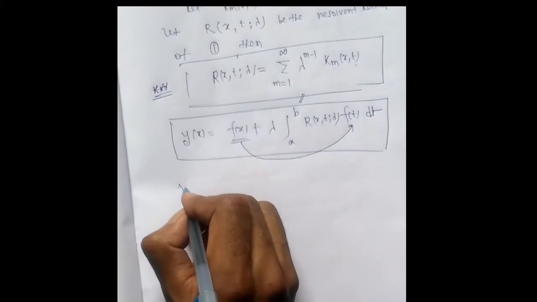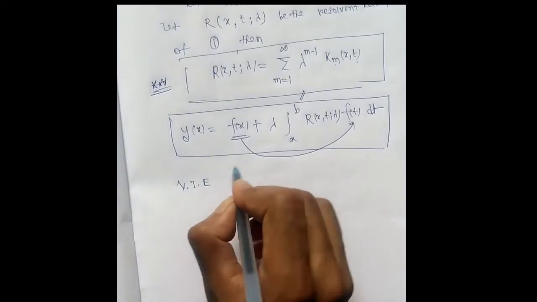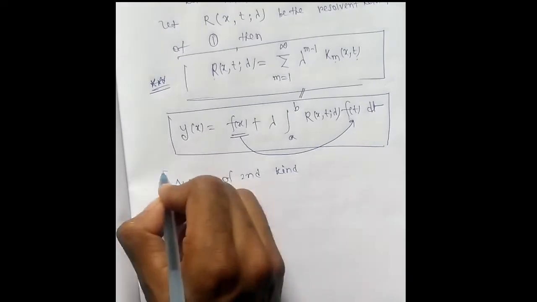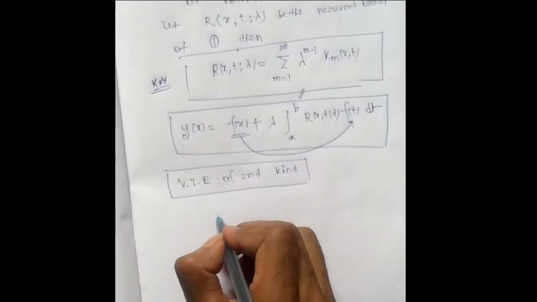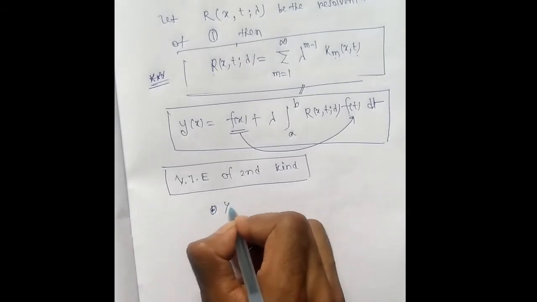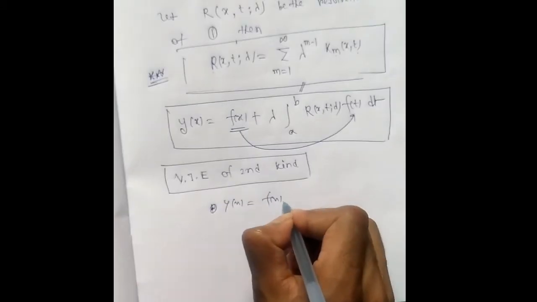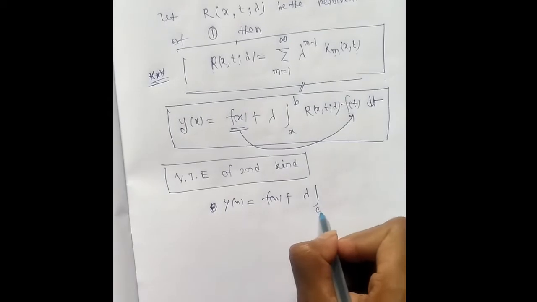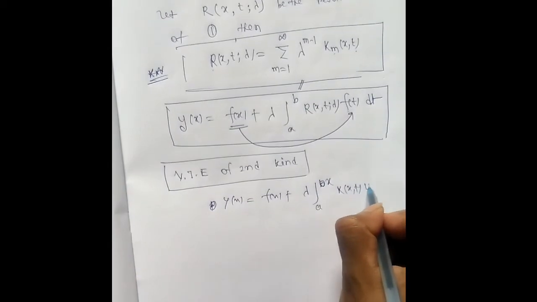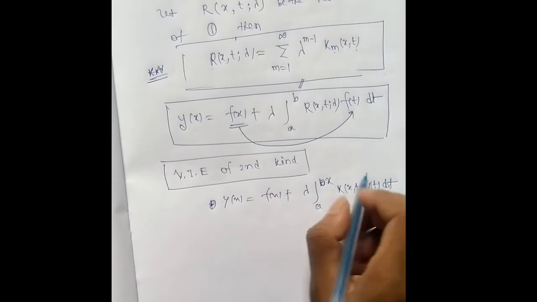Similarly for Volterra integral equations of second kind, that is y(x) equal to f(x) plus lambda integration over a to x K(x,t) y(t) dt.